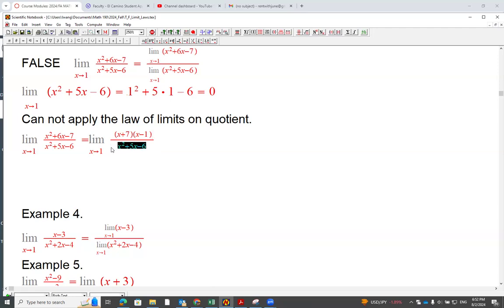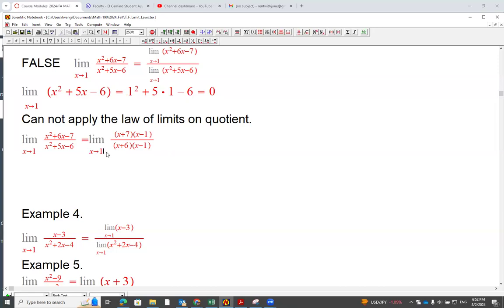You guys can mobilize your algebra. So this is x plus 6 times x minus 1. After this factoring, because x is approaching 1 but x is not 1, remember the intuitive definition of limit.